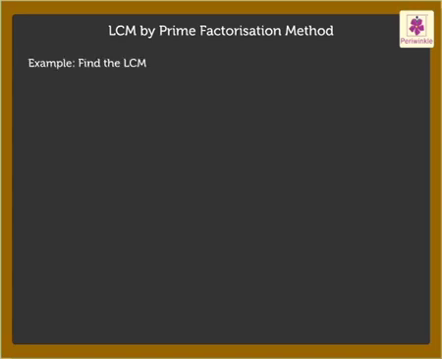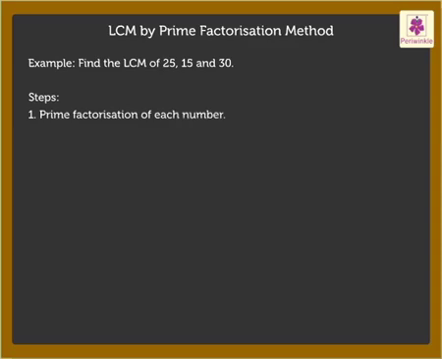Finding the LCM by the prime factorization method, which we learned last year. Let us find the LCM of 25, 15, 30. We begin by finding the prime factorization of each number.